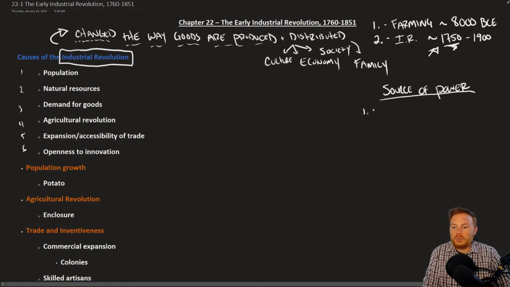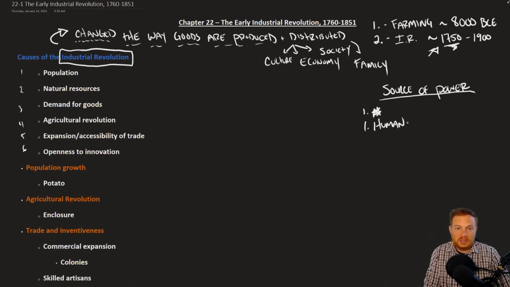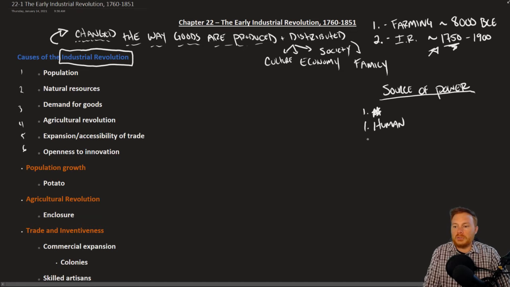The first one was what we might call human power. So people could essentially walk from point A to point B, or in the case of making things, everything before the Industrial Revolution was handmade, right? Every single thing was made by hand. That was using human power in order to do that.